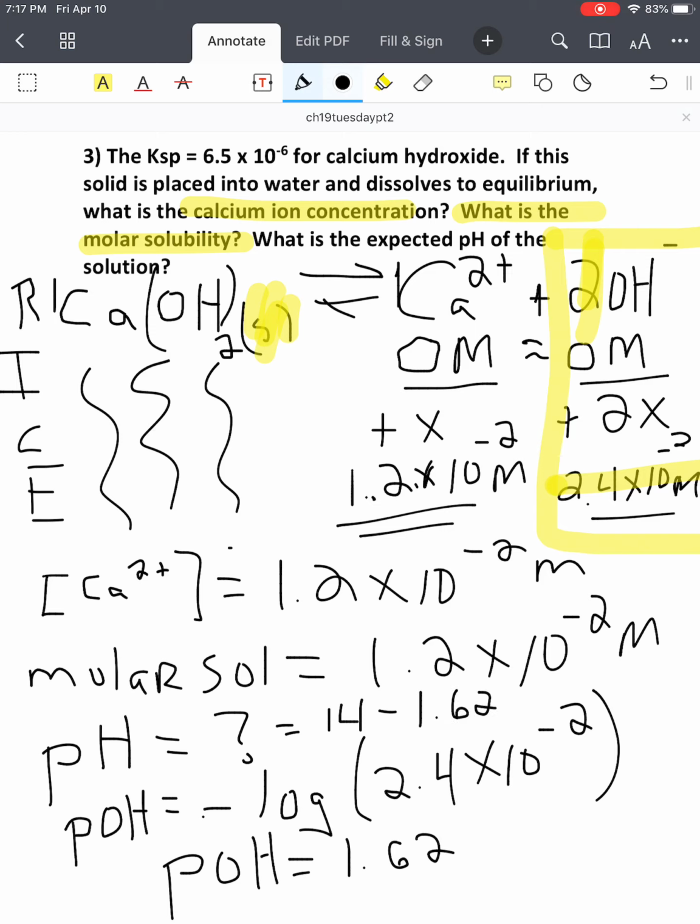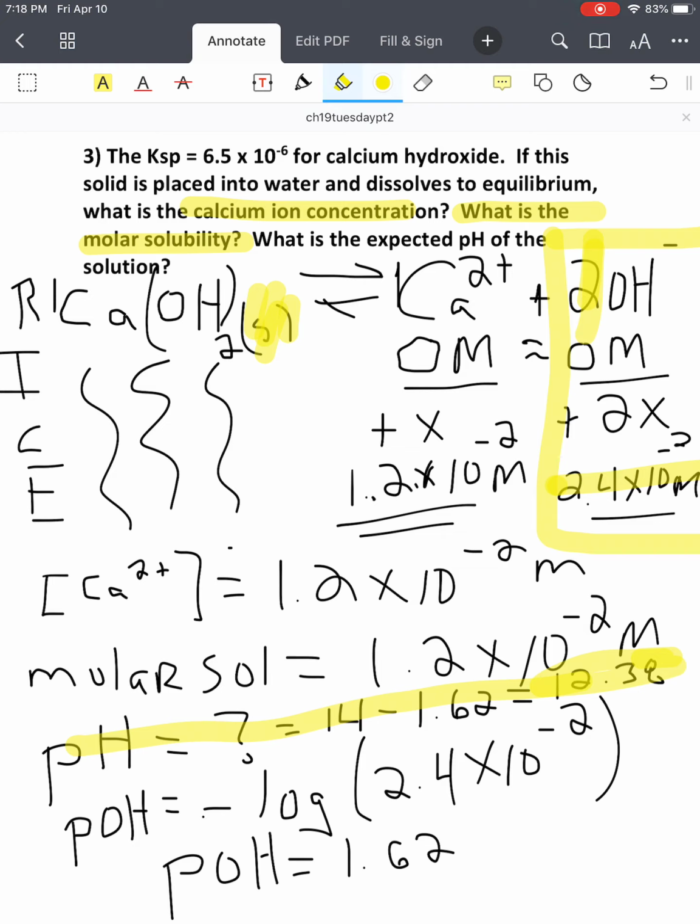So this solution is going to be pretty basic. But I can figure it out. I just need to do 14 minus 1.62, and I get 12.38 as my answer. And that's my pH.